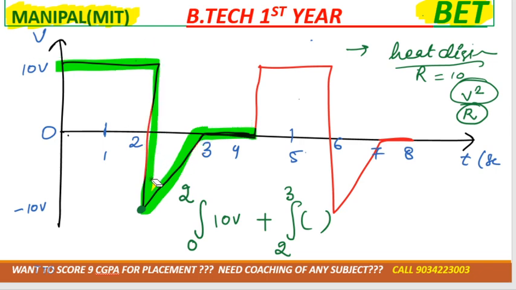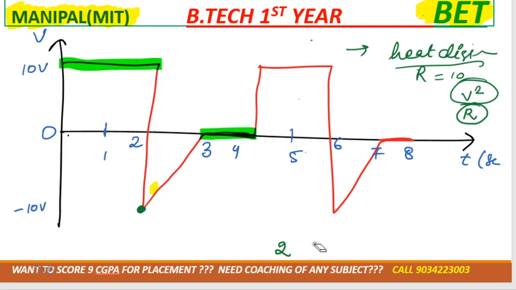Wait, first the equation varying from 0 to 2, that is 10 volt. Okay, now don't write this in integration form, I'm trying to understand. One minute. So first it is varying from 0 to 2 seconds and the output is 10 volt, right?